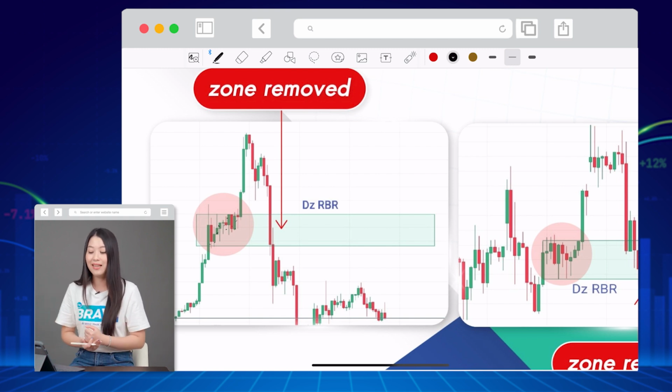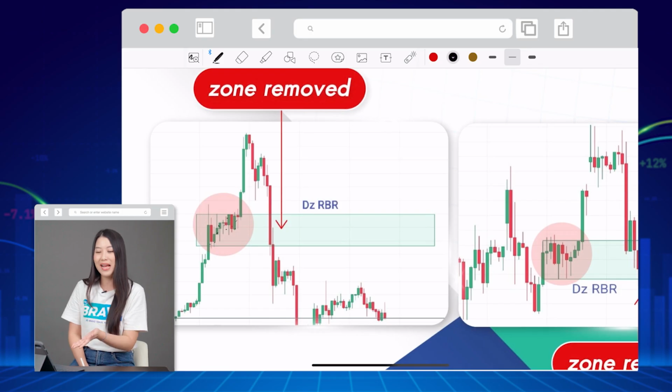As I said, that's too long for the price accumulation. It means traders are not sure if they want to make a buy order here. If you're sure, you will use a lot less time for your decision. So that's the key point.